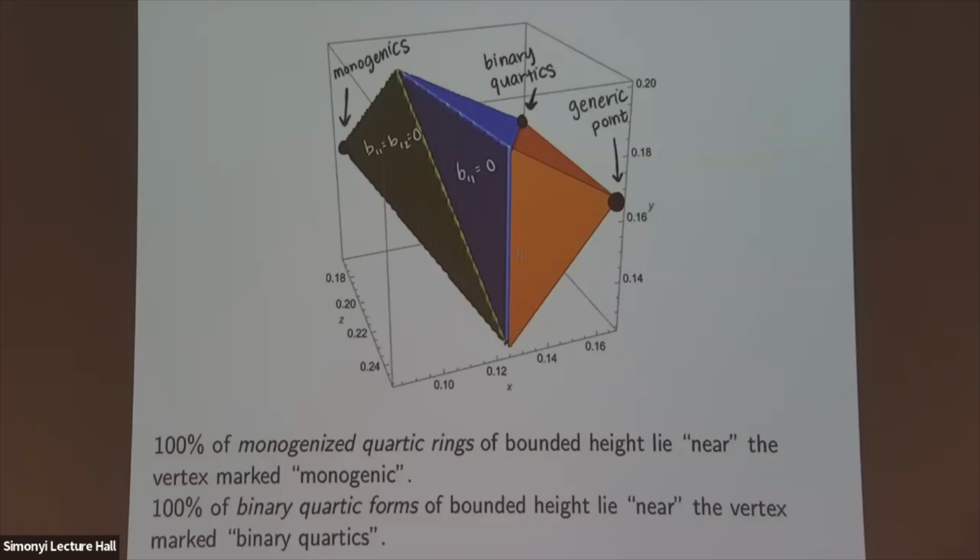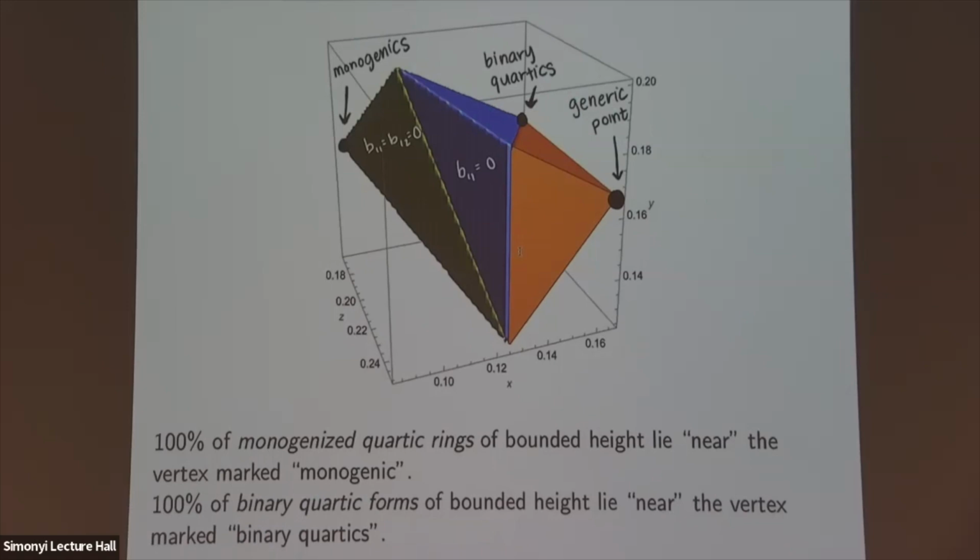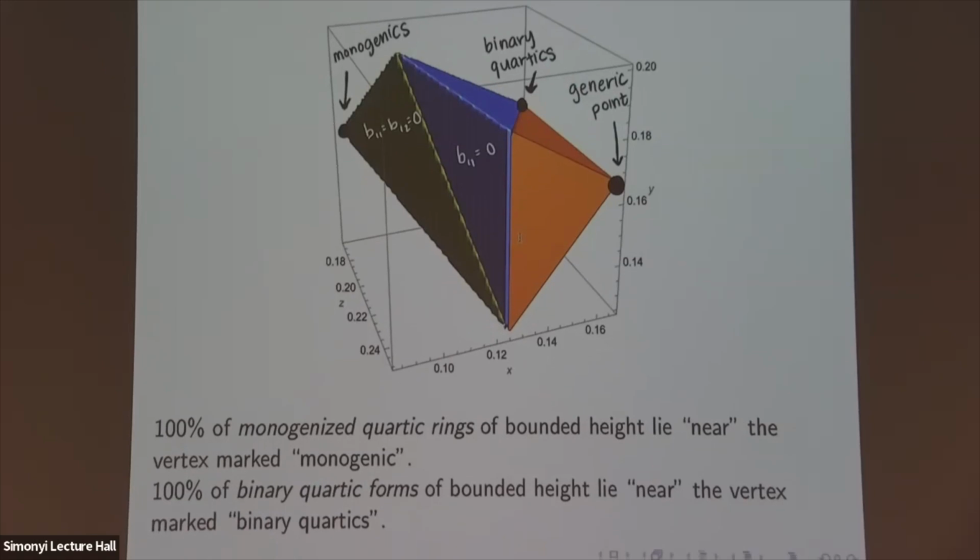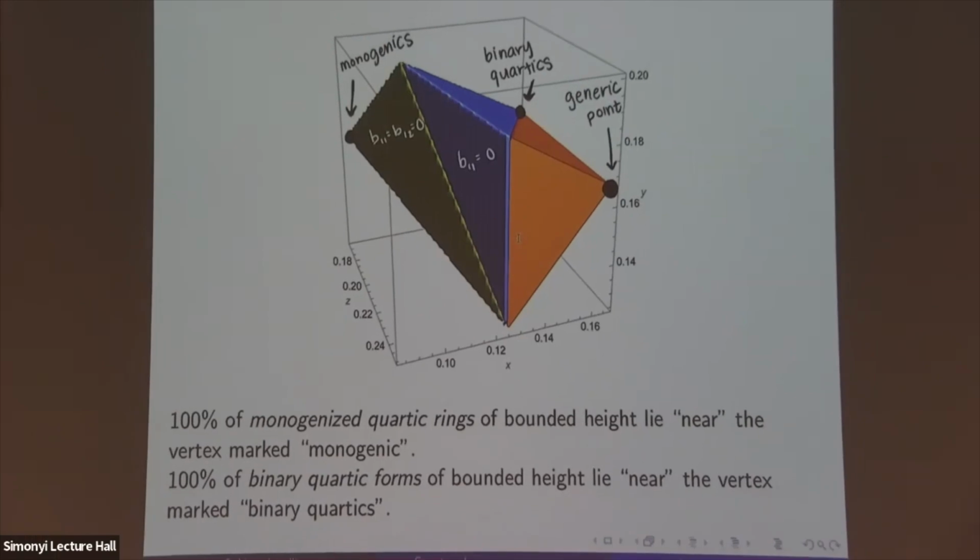100% of binary quartic forms of bounded height lie near this vertex right here. So let me explain what that means. If you take a binary quartic form, there's a natural way of constructing a quartic ring from it and a cubic resolvent ring as well. And if you take a general binary quartic form, then the quartic ring coming from it is not going to be especially skewed.